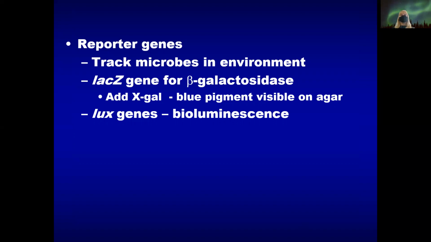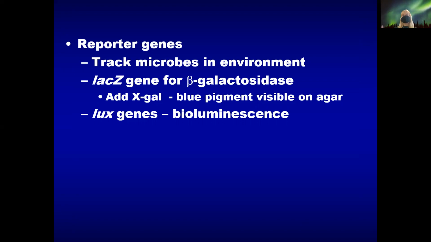So it's a very easy visual. A lot of microbiologists tend to look for things that way. They'll use visual assessments of what's happening, usually some kind of chemical that changes color, and then it's very easy to pick up. Bioluminescence is another way to tag things, using the so-called Lux genes.